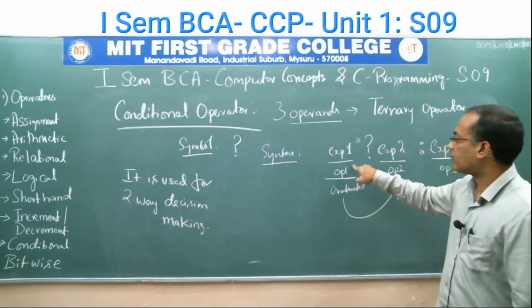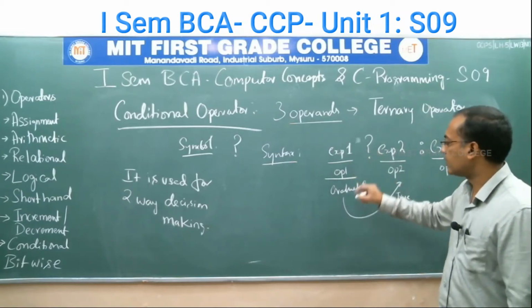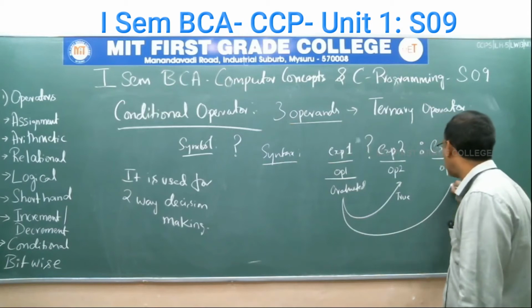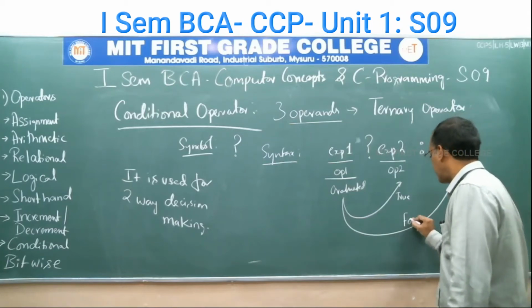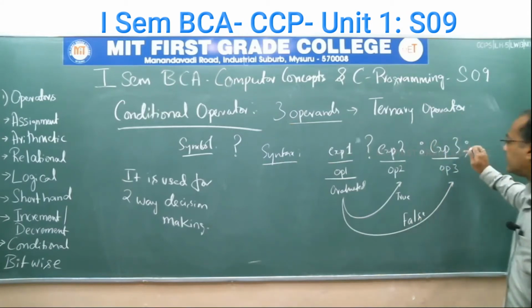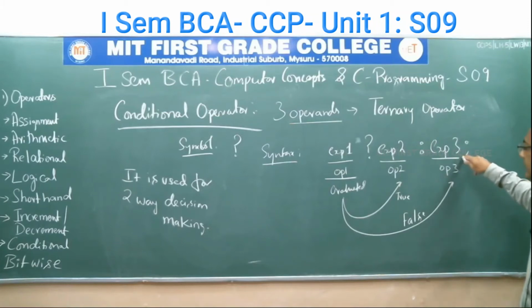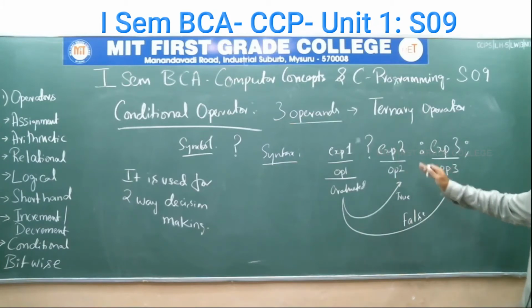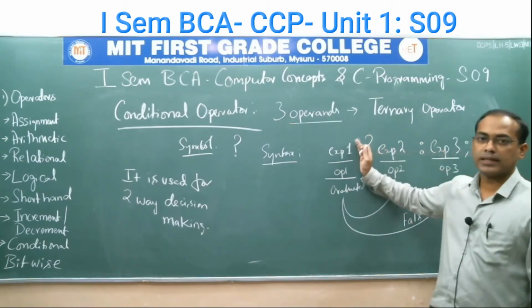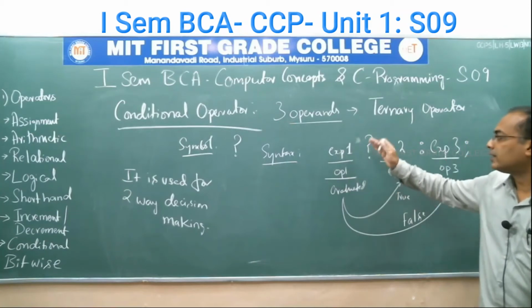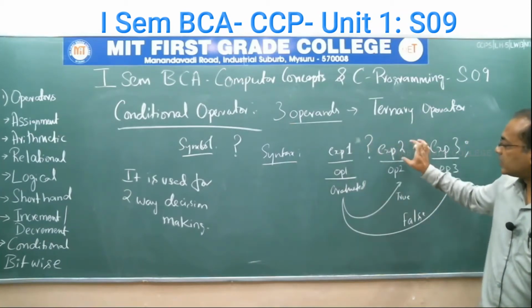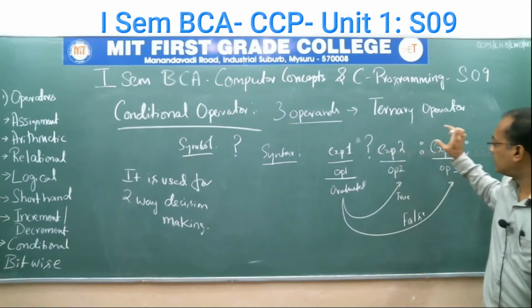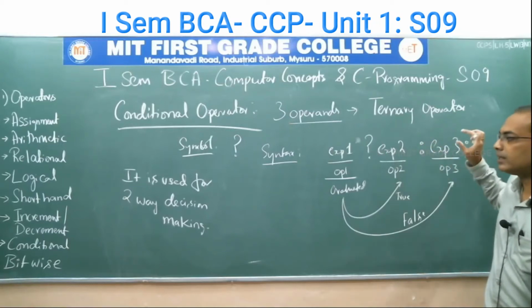Suppose the result of expression 1 is a Boolean value false. If it is false, then expression 3 will be evaluated and then it will exit. This is the working of the ternary operator. So once again, first expression 1 will be evaluated. If it is true, expression 2 will be evaluated. If it is false, expression 3 will be evaluated.